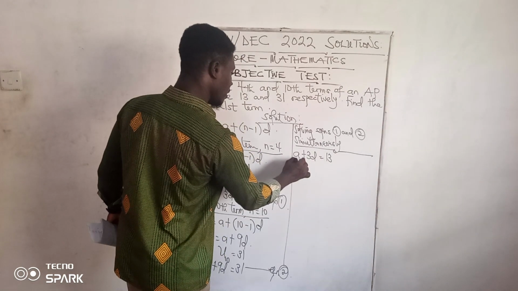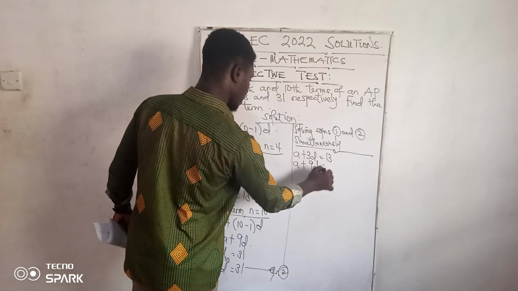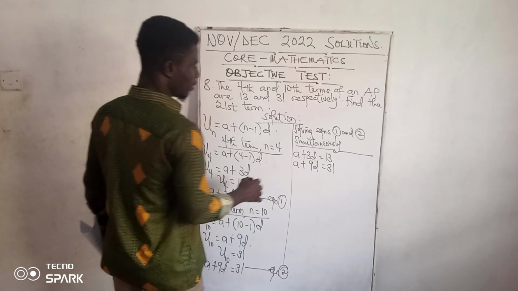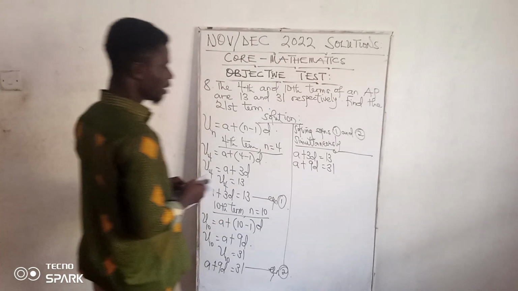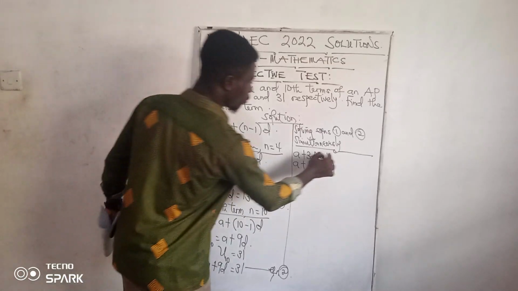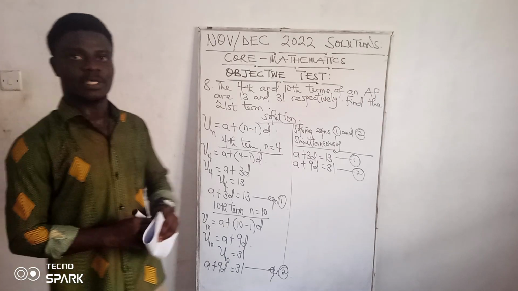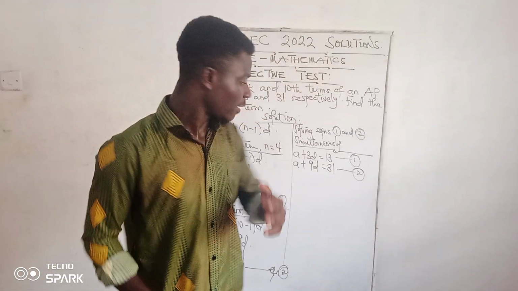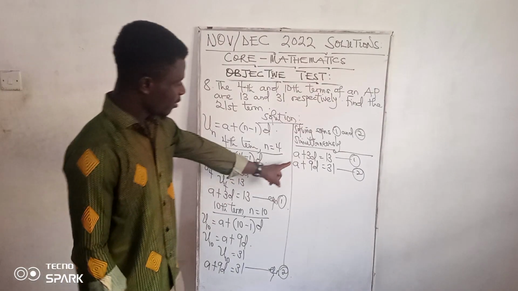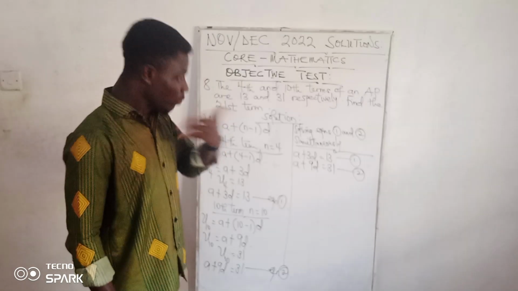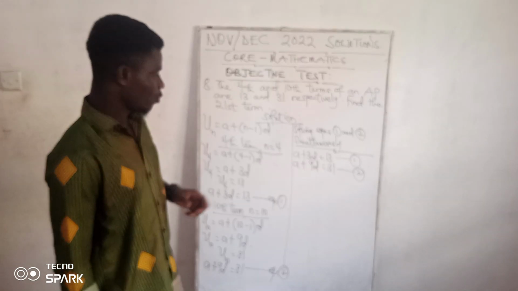Then I have a plus 9d equals 31. Right. So we have this. So we can use the elimination method to do that. What variable are we eliminating here? We are eliminating a.